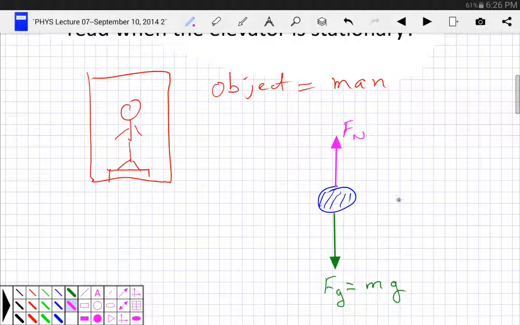Now I am going to define my acceleration vector in the upward direction. So I'm going to draw a vertical vector and say this is my acceleration vector. I put the arrow over this. I didn't put arrows over the forces. We know they are vectors because I showed the direction.